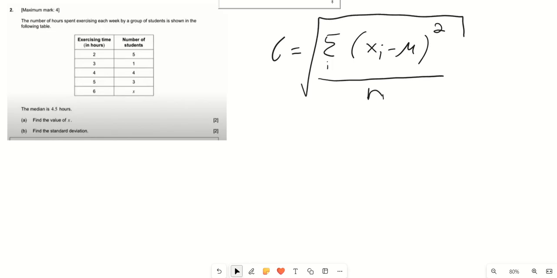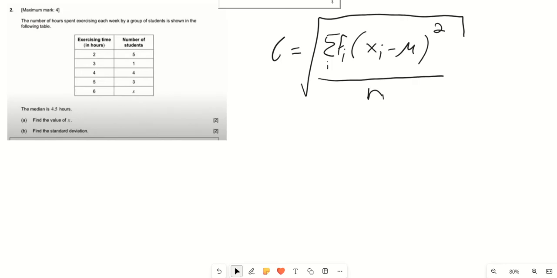Now xi is the time, sorry, I forgot here fi. So xi is the time that the students spend preparing, and fi is the number of students that spent that time preparing.